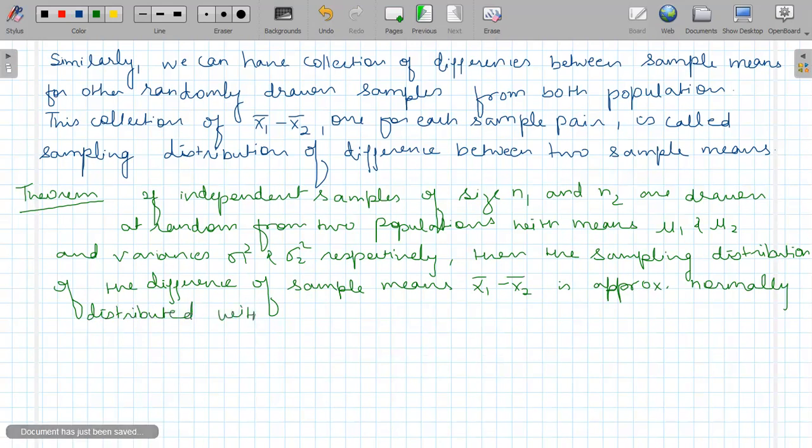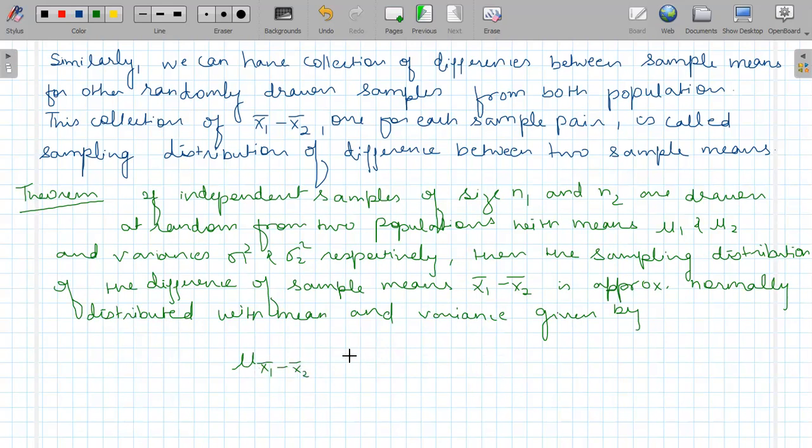The mean of sampling distribution of difference between sample means is denoted by mu x1 bar minus x2 bar, and this is equal to mu x1 bar minus mu x2 bar. तो ये mean है sampling distribution of sample means का, which are coming from the first population.